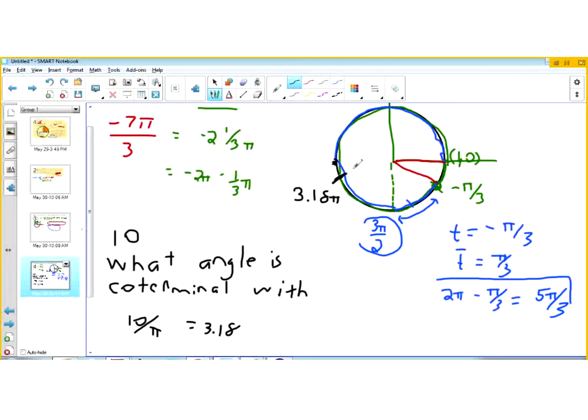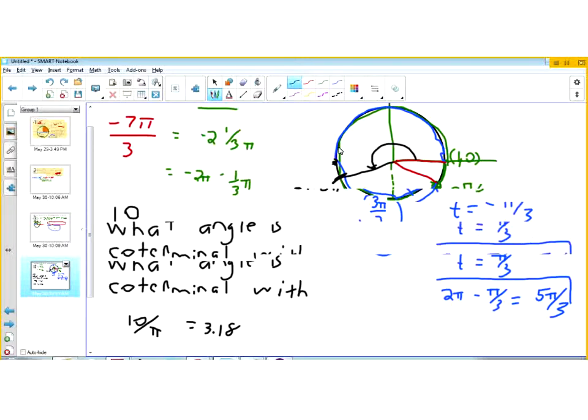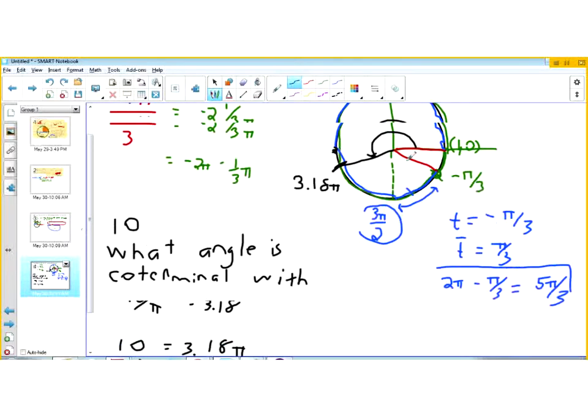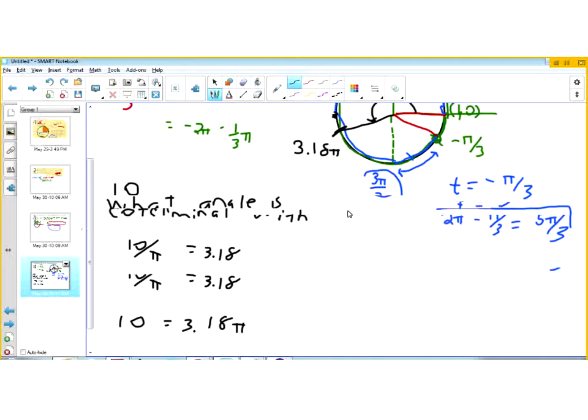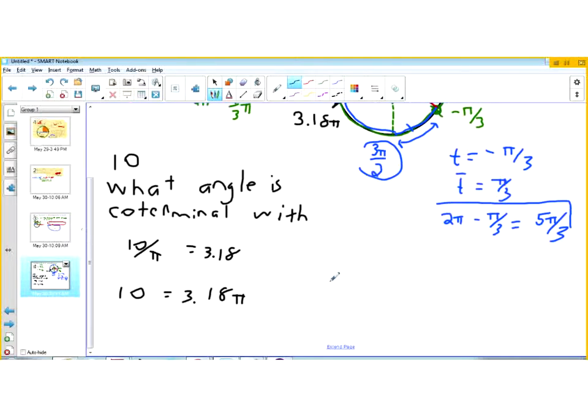All right, so we would want to find an angle between 0 and 2 pi that's coterminal with this angle. Okay, well what if we took 10, which is here, and subtracted off 2 pi?